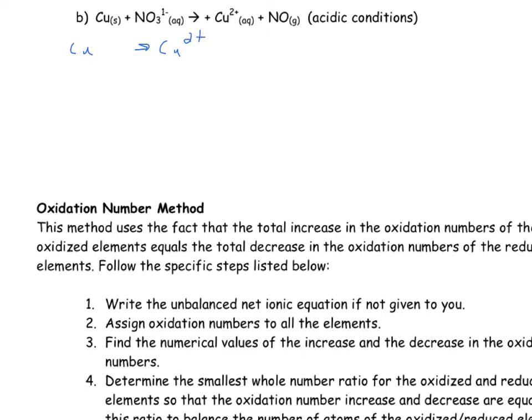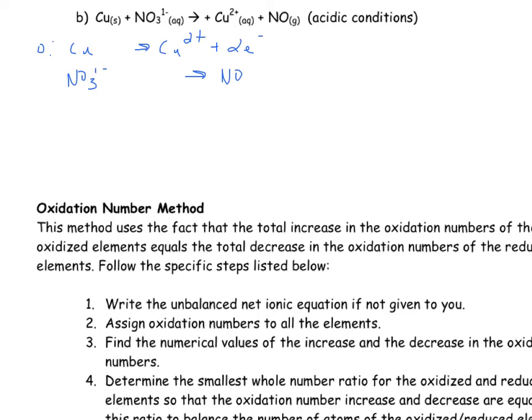In order to balance this half reaction, I need to add 2 electrons as products. Because electrons are being lost, this is my oxidation half reaction. Now let's do the nitrogen reaction. Nitrate reacts to form nitrogen monoxide gas.